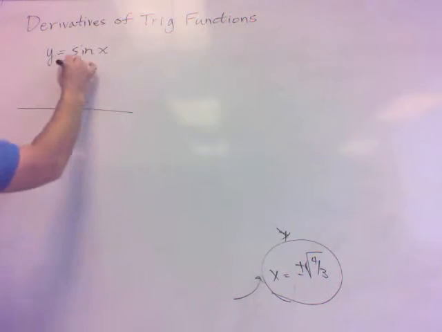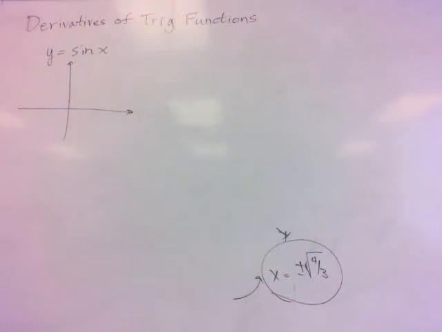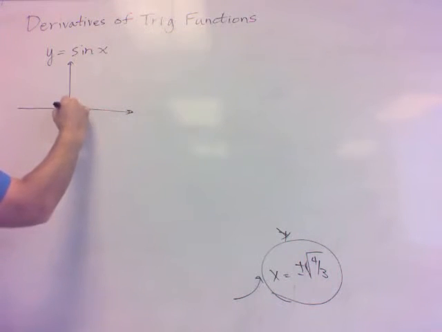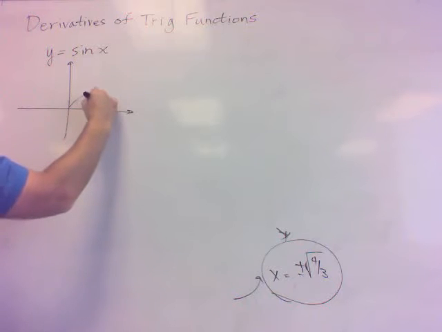Sine of x, I'm sure you all remember what the graph of sine of x looks like. It's one of the wavy up and down curves, right? It goes through 0, 0.